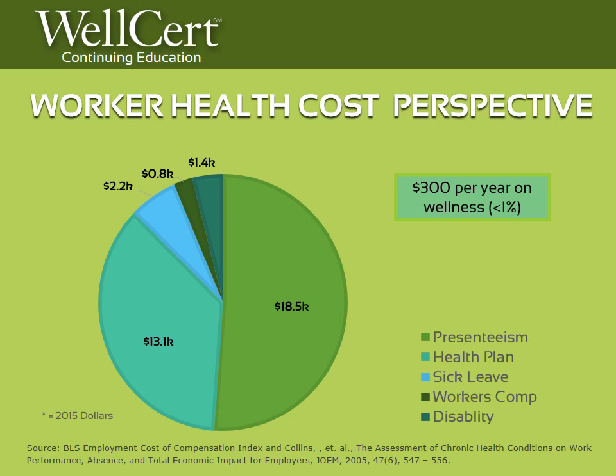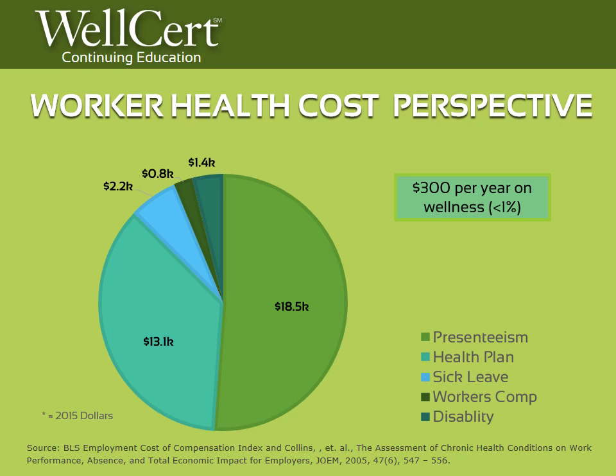And then the other side of the coin is the BLS data. And that's the health plan cost, which is about $13,000 on average. The $2,200 of sick leave, absenteeism cost, about $800 of workers' comp costs, and about $1,400 of disability, short and long-term disability costs.